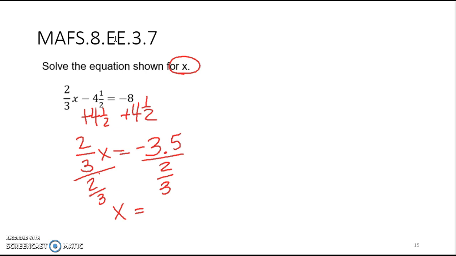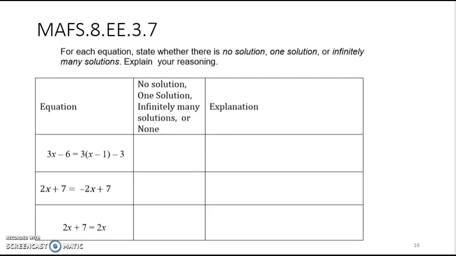So negative 3.5 divided by 2/3 is equal to negative 5.25. Very good.